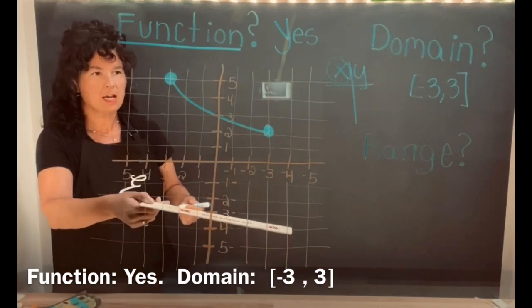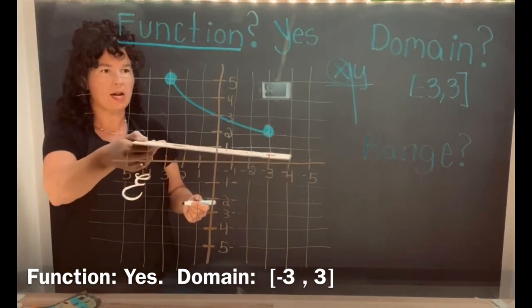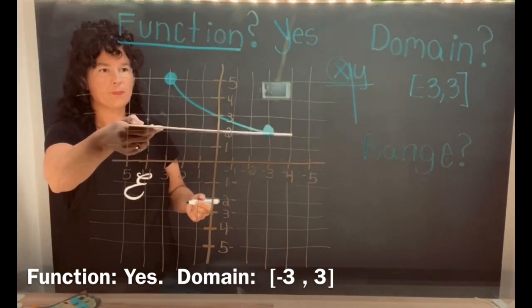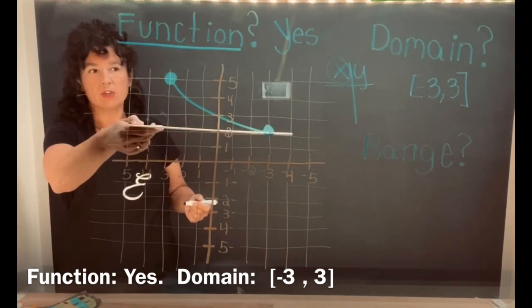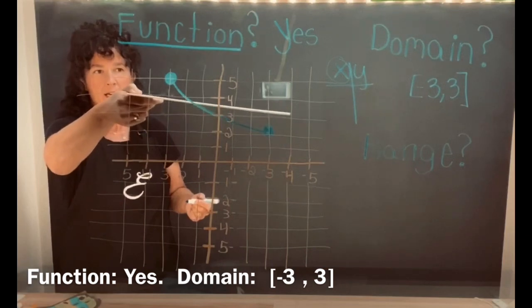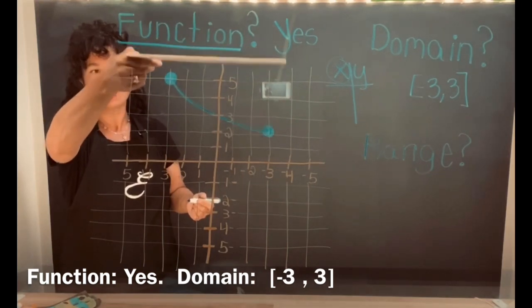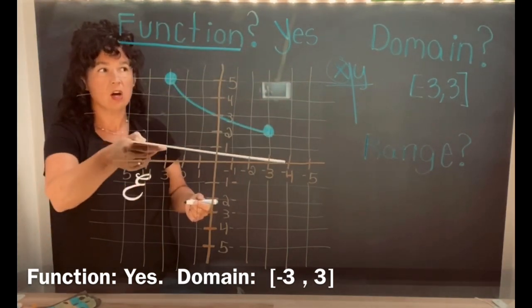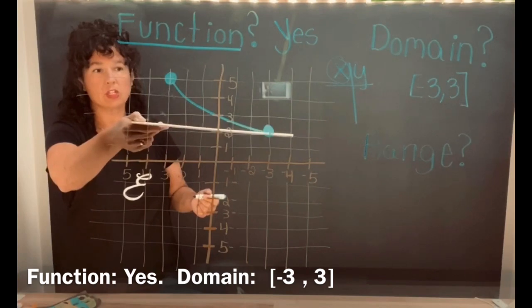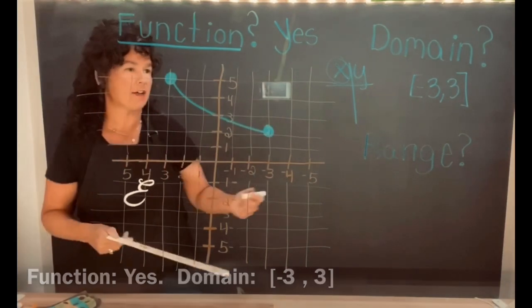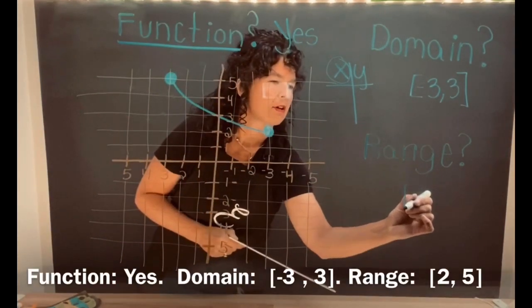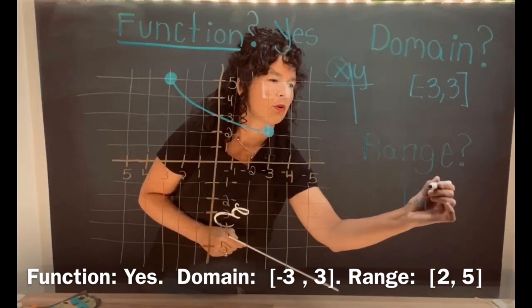The first time that I'm in contact with this graph is right here. And the y value is +2. We remain in contact until +5, and then after +5, we lose contact. So our y values, our range, is going to be between 2 and 5. So we're going to have 2 through 5.